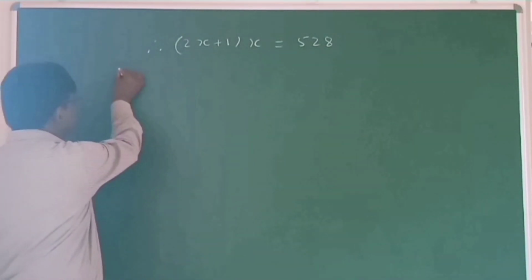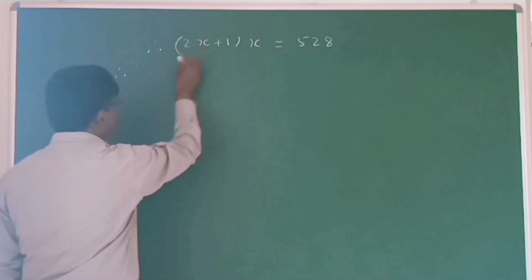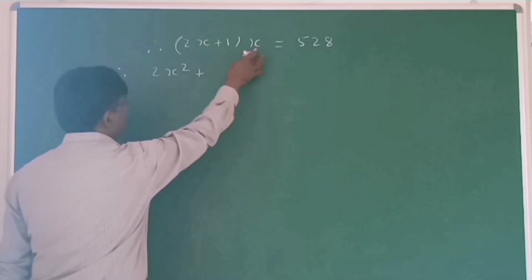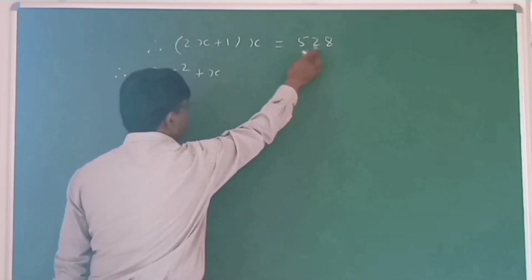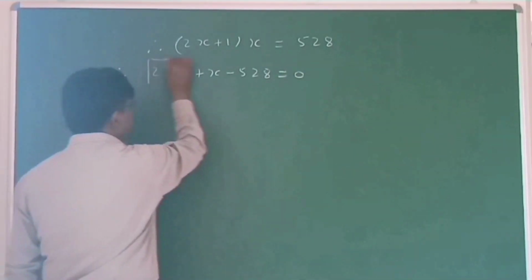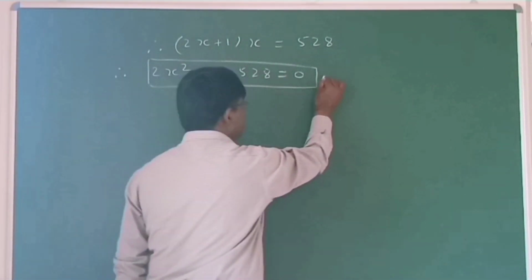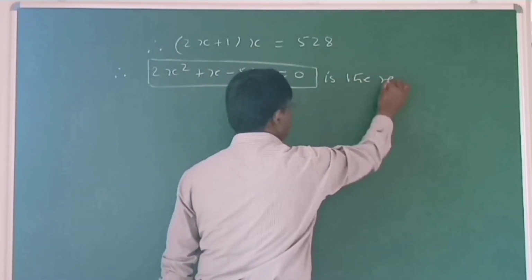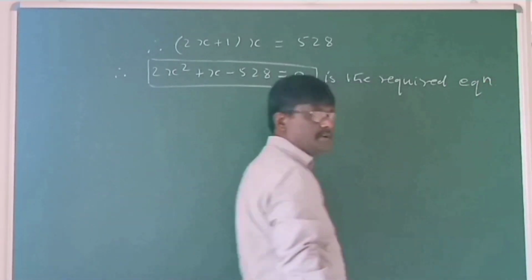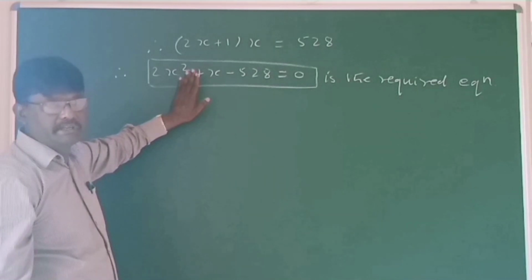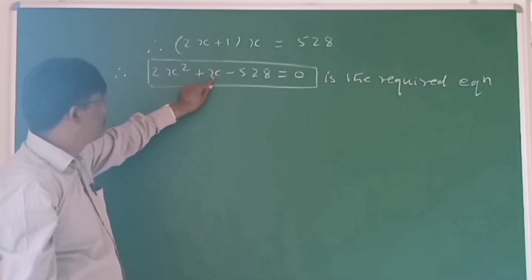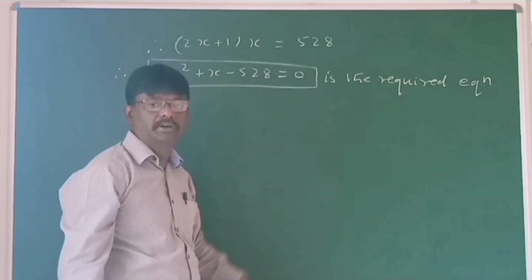Now, therefore, multiply this. x into 2x, 2x square, x into 1, x, then plus 528 becomes minus 528 equal to 0 is the required equation. Thus, we can represent the given equation in the form of a quadratic equation as 2x square plus x minus 528 equal to 0.